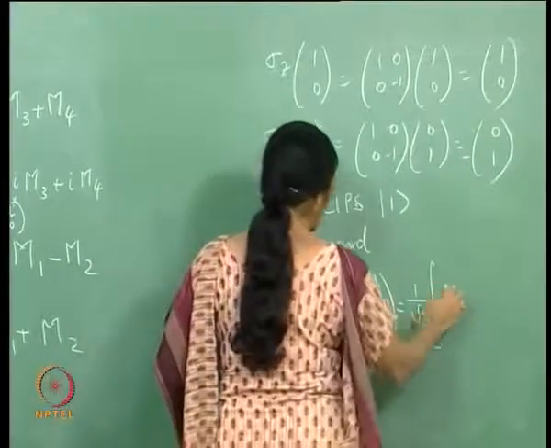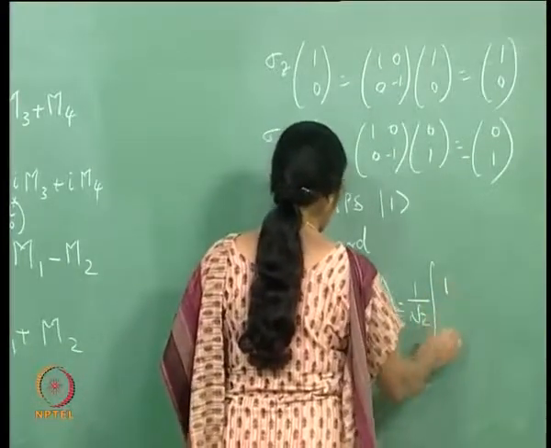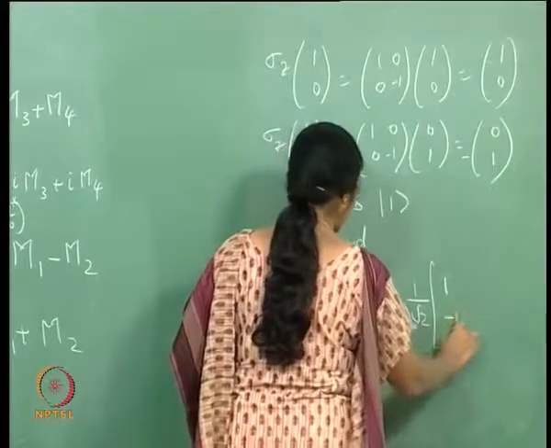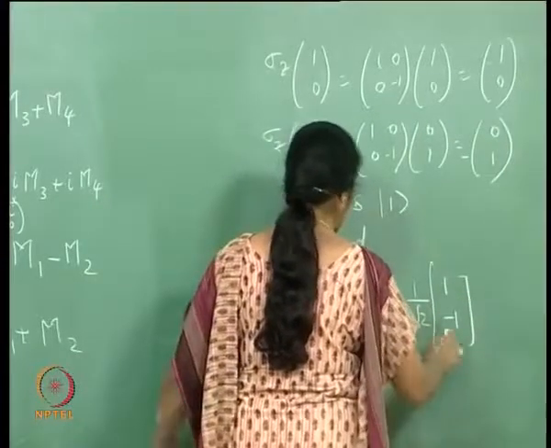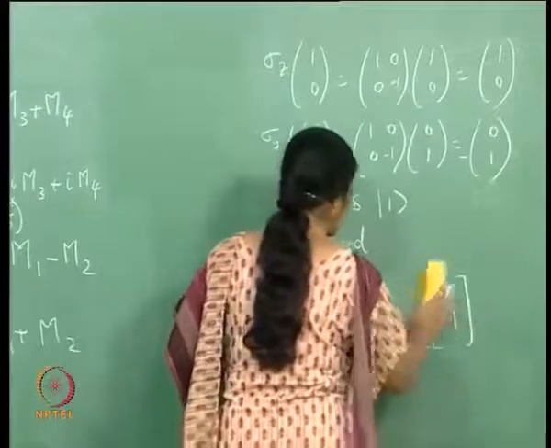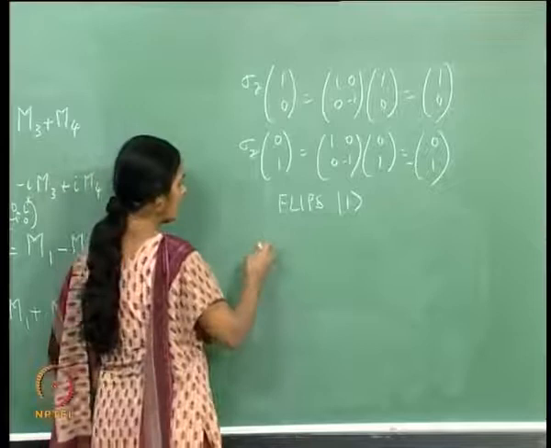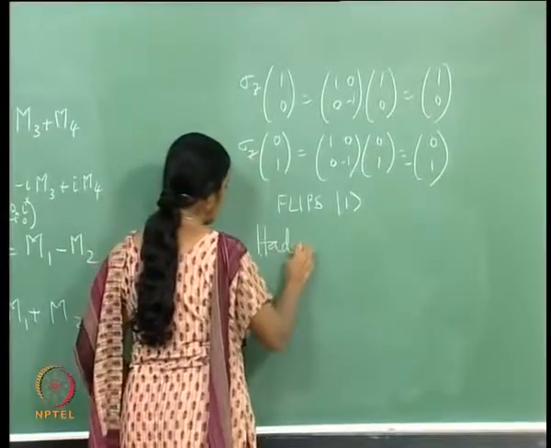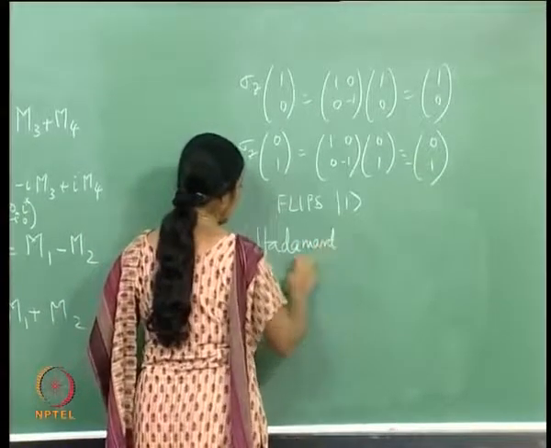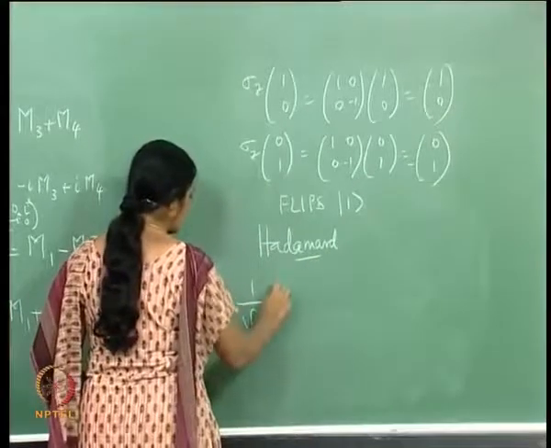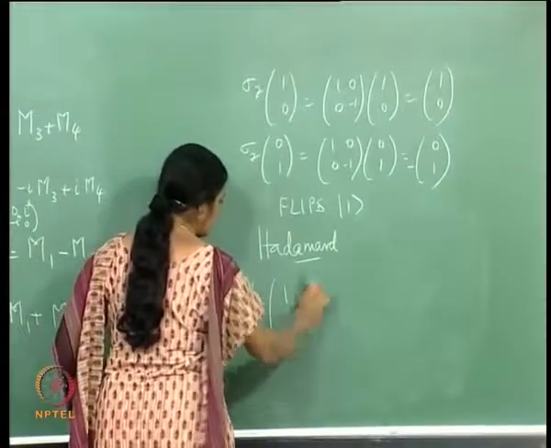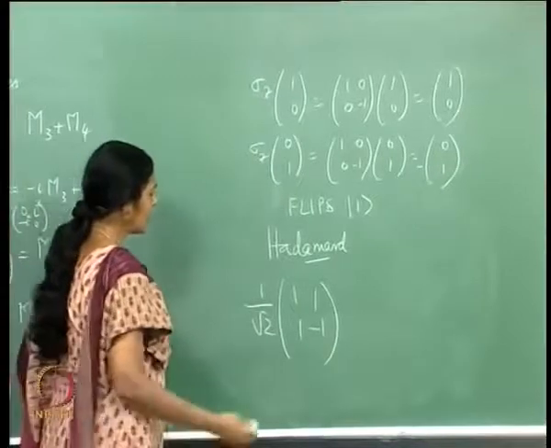It just takes it to another state which is (1, 1). I have the Hadamard operation. The matrix itself is this, and what does it do?